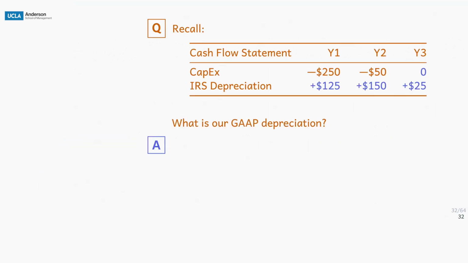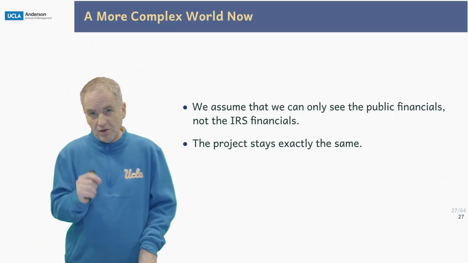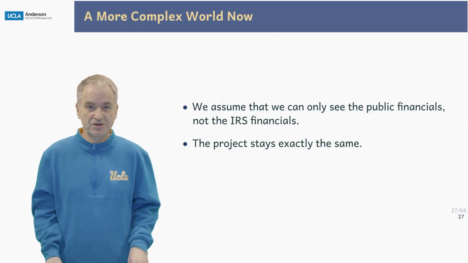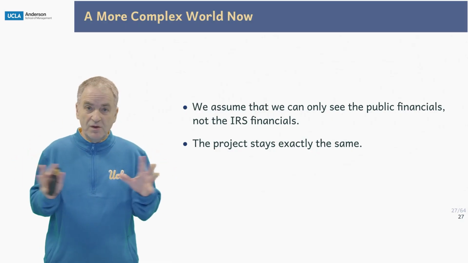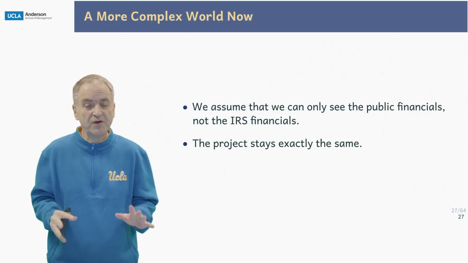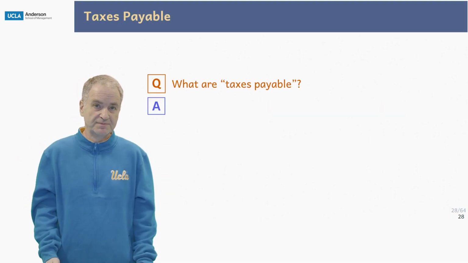Now we're going to make the world a little bit more complex. We're going to say that all we see are the public financials, not the IRS financials, but the project itself, all the cash flows, stay exactly the same. We're not doing anything different, just the reporting has changed.